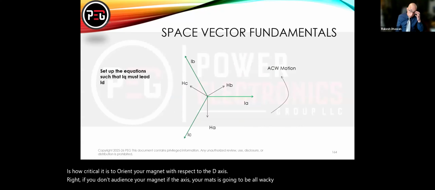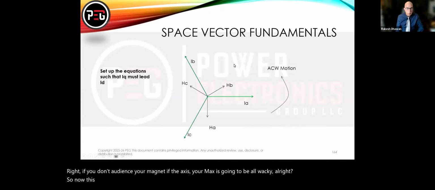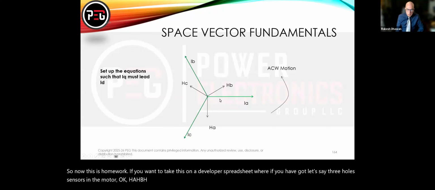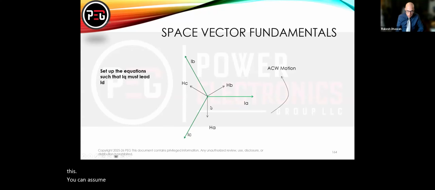All right. So now this is homework if you want to take this on: develop a spreadsheet where, let's say, you have 3 Hall sensors in a motor, HA, HB, HC, and your back EMF vectors are here, so your current has to be aligned like this. You can assume your HA is leading your back EMF by 90 degrees. This is your anti-clockwise motion.